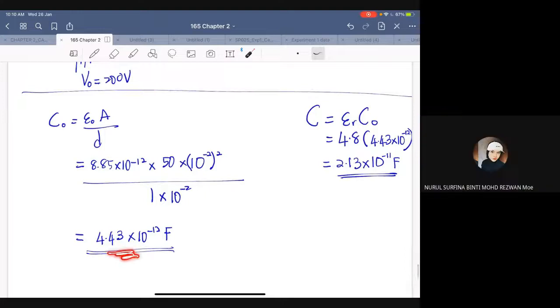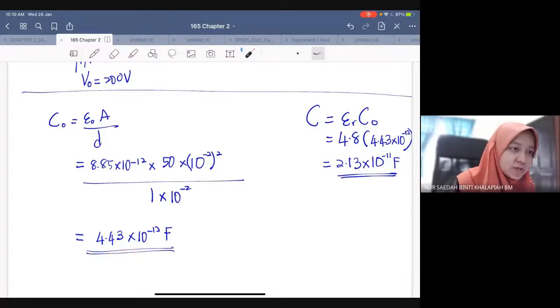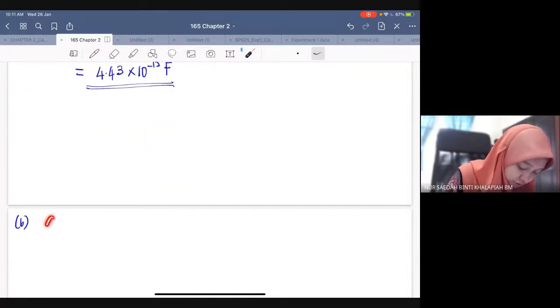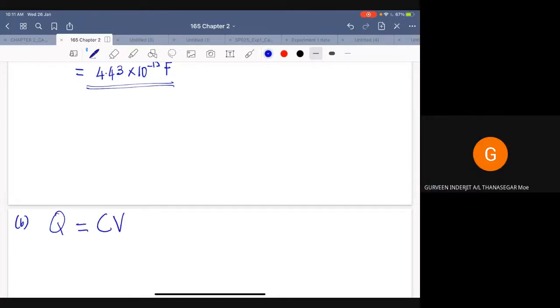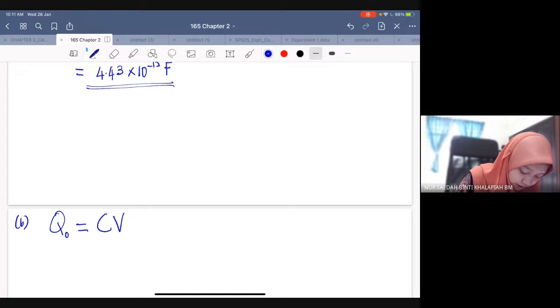Kita dah ada C naught dengan V. Q equal CV. So Q naught equal C naught V naught. Yang kosong punya. So kita tengah cari charge untuk kapasitor yang kosong.